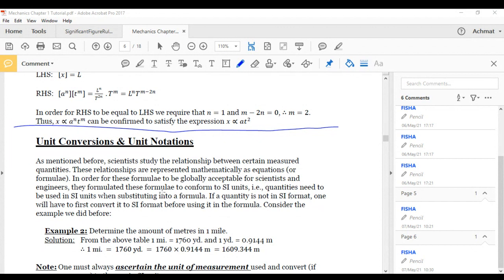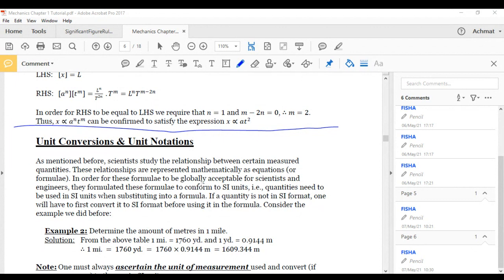And for that, the scientists need to use a globally acceptable language of science. And for that, we speak about the SI units. All units, we try to use the SI units in our formulae.